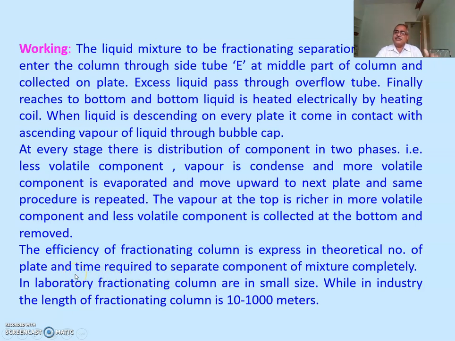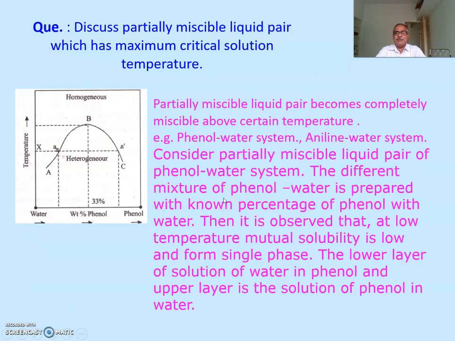A large number of plates means high efficiency, and less time is required to separate the components of the mixture completely. In the laboratory, the fractionating column is very small in size, while in industry the length of a fractionating column is 10 meters to 1000 meters.